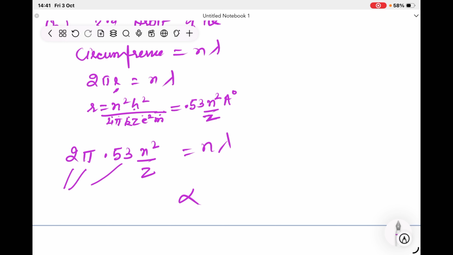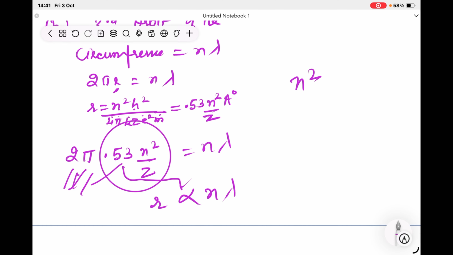Actually this is the radius, so I'm rewriting it as radius. The 2 and pi I'm putting into the constant. Radius is proportional to n lambda. Now I am opening the radius again. This 0.53 I'm putting into proportionality. So n square by z is proportional to n lambda.